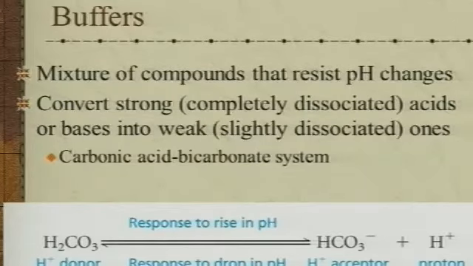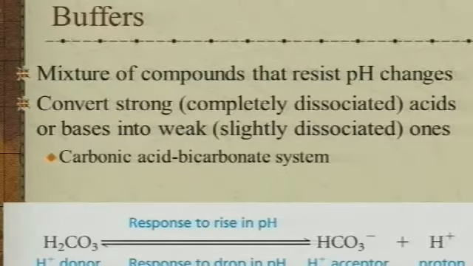If there's a drop in pH, it'll become more acidic and it'll move to the left there, turning into carbonic acid. So, carbonic acid bicarbonate system. Don't worry too much about this.